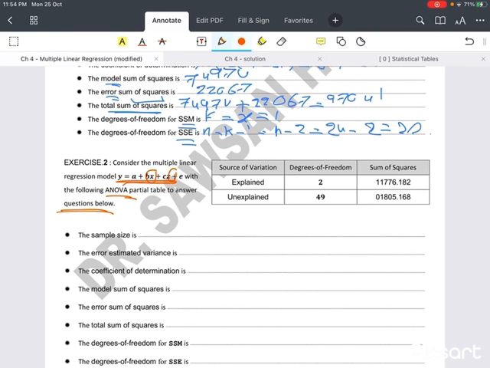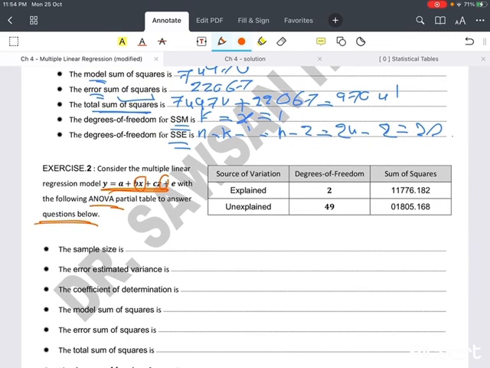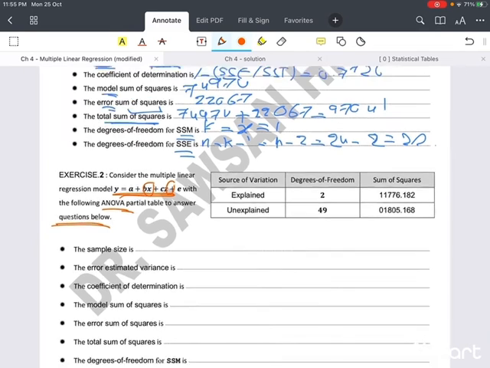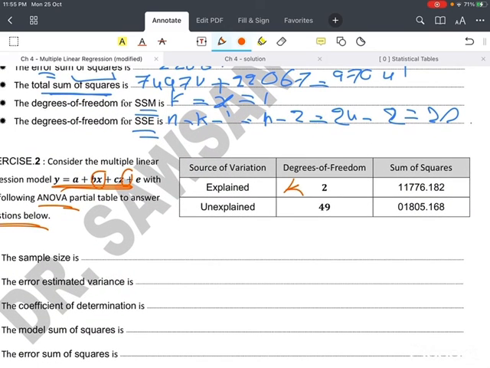So we have here explained and unexplained, here the degrees of freedom, and here the sum of squares. Explained, the degree of freedom is K. So K will be 2 because we have X and Z. And the unexplained will be N minus K minus 1, so N minus 2 minus 1. So it will be N minus 3.